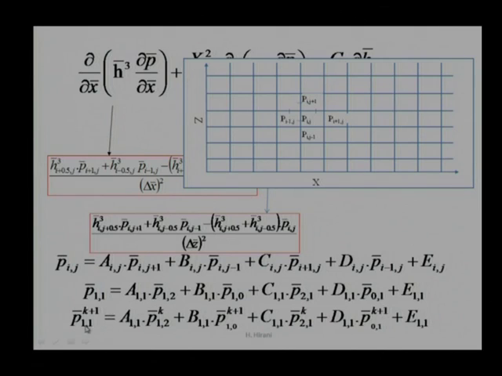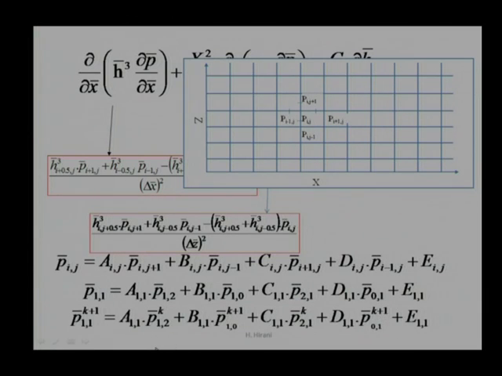We are saying that at any iteration, say iteration number k plus 1, we take values from the previous iteration, that is p 1 2 from the previous iteration. However, p 1 0 will be known to us, which means we can take it from the present iteration, while p 2 1 is from the previous iteration, and p 0 1 again will be known to us, so it will be at the present iteration.